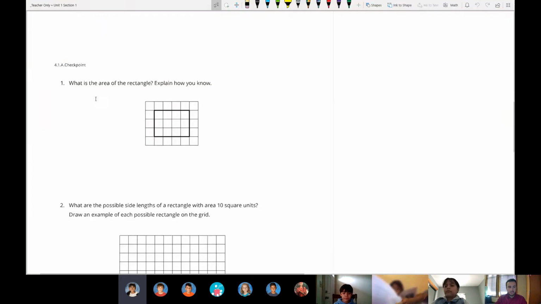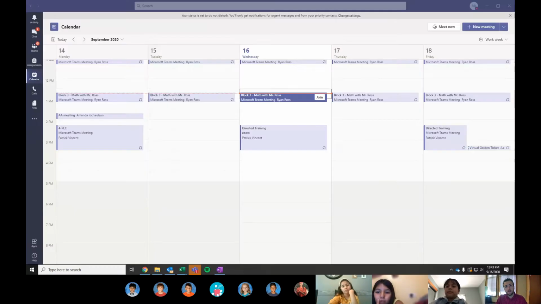Okay, so you should see this 4.1.8 checkpoint. Let me make sure we're muting our audio. Sorry, I have to let Juliana in. I'm going to mute everybody real fast, and then I'll get my notes back up.